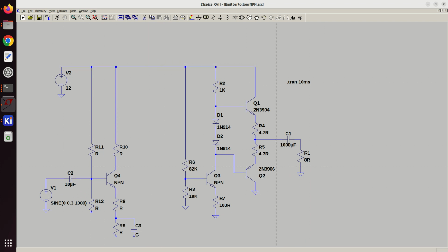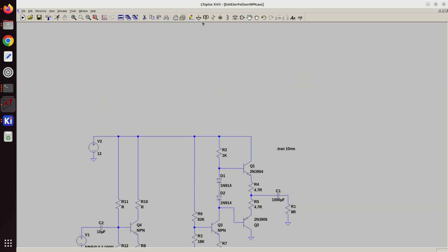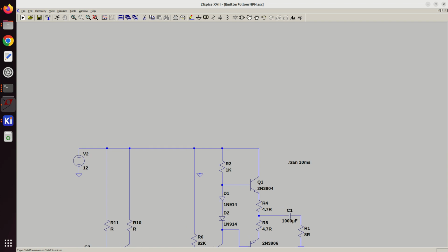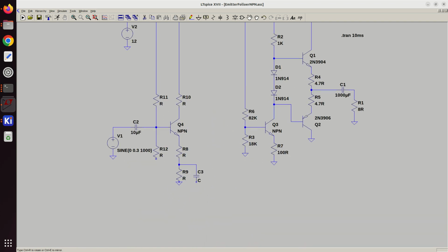But I'll put that in shortly. In simulation, I don't think it will motor boat. I could be wrong. In fact, it won't, because it sees the wires as, I'm pretty sure, 0 ohm. They're perfect in every way, so I think it won't.